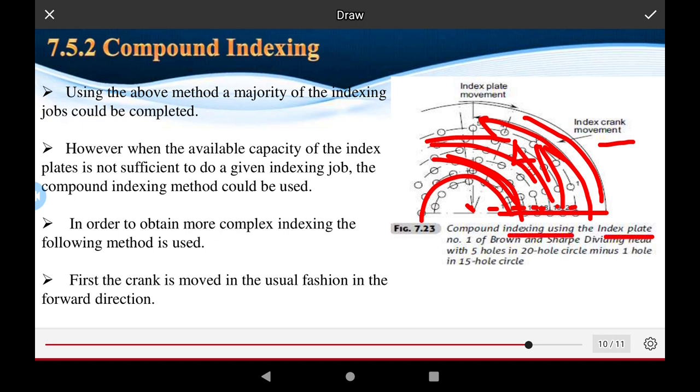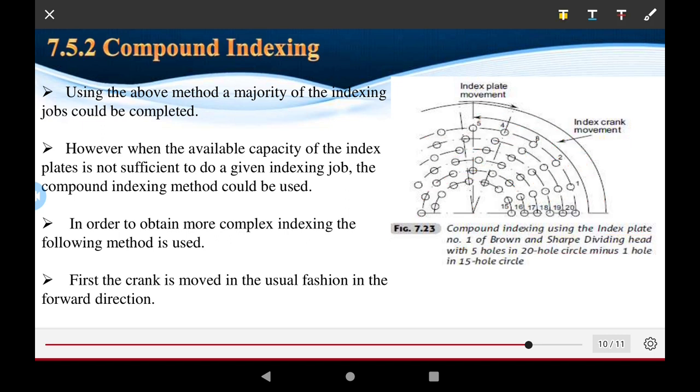Index plate number 1 has 5 holes in the 20-hole circle, meaning holes in the 15-hole circles. Okay, the 15-hole circle is used to perform the operations.